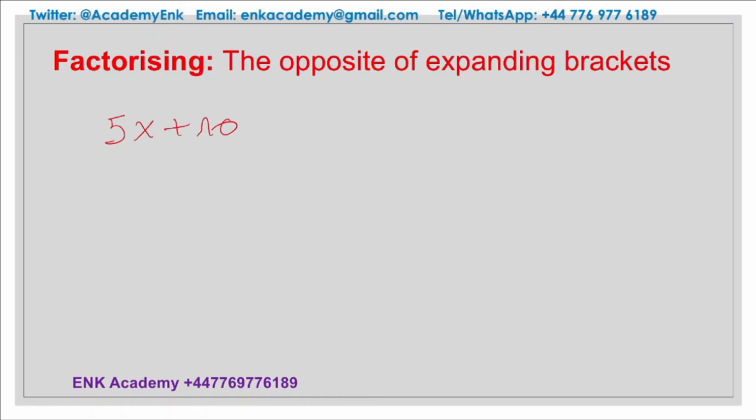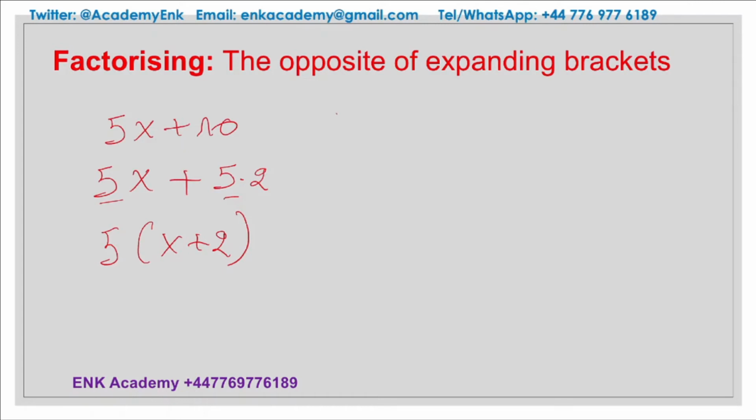You need to look for the largest factor you can take out of every term in the expression. In this case, we have 5x, but we can also see that 10 can be written as 5 times 2. So we have a common factor here that we can put outside the bracket. So we have 5 bracket x plus 2.